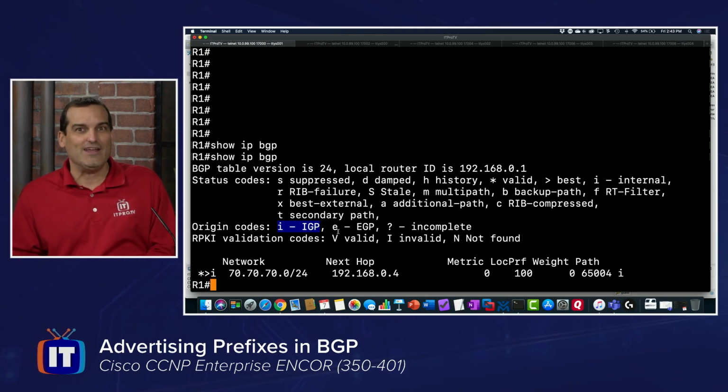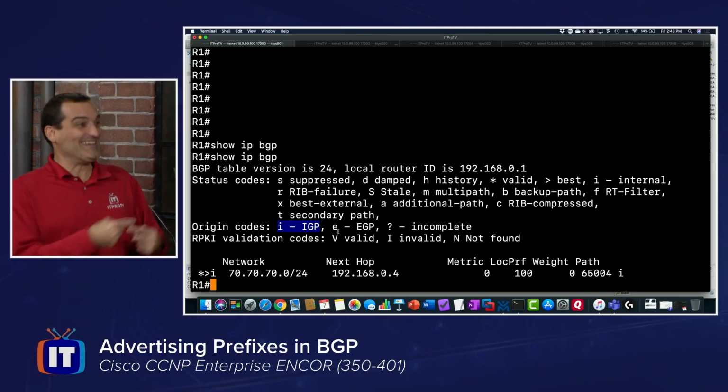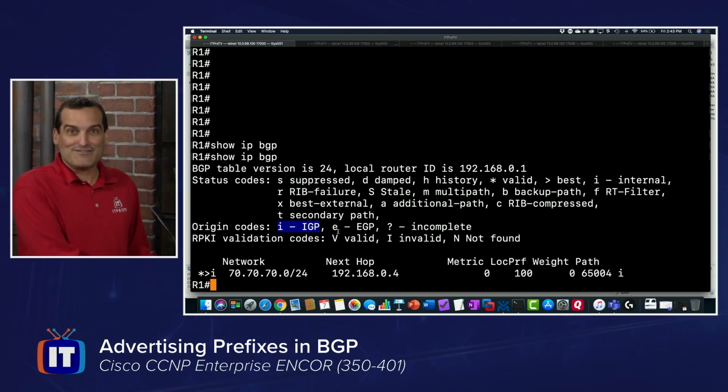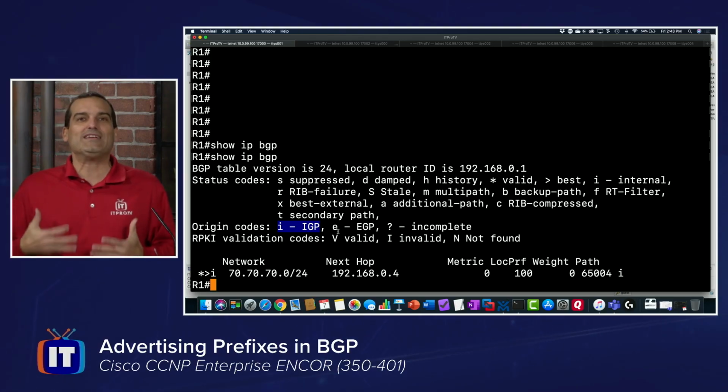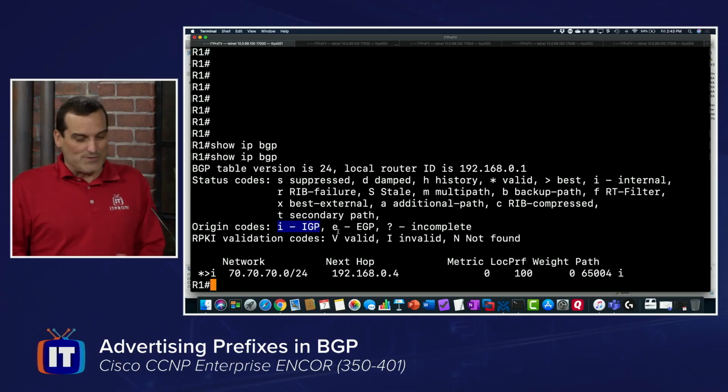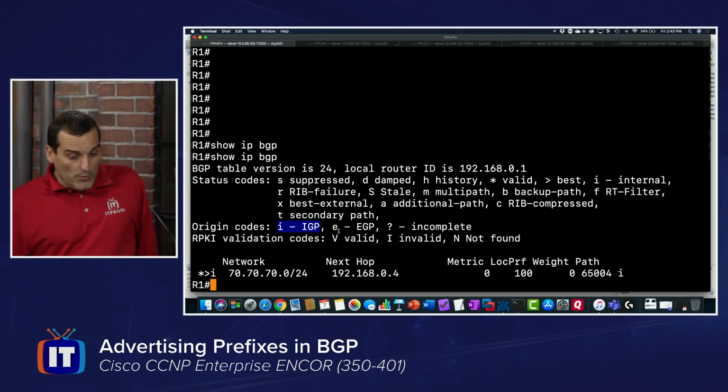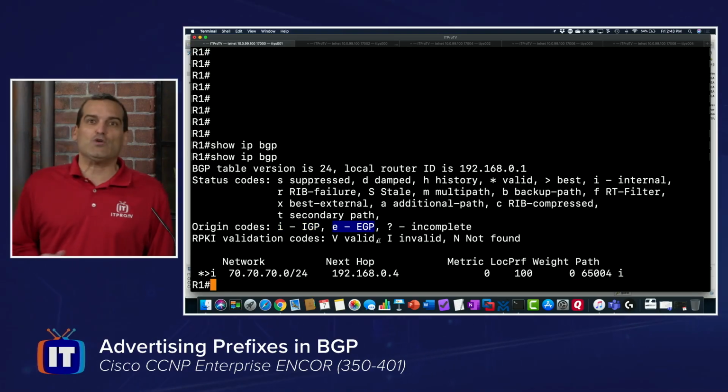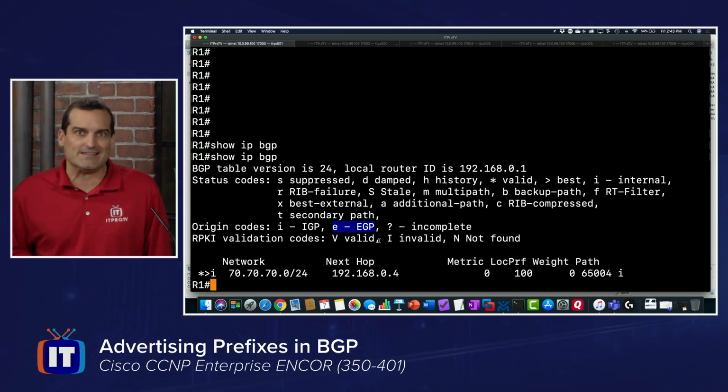We cheated. We created a loopback, and then the loopback got the prefix into the routing table, then we used the network command. In production, the prefix you're advertising would most likely be coming from an IGP. Right. So that's why that says IGP. We would never see an origin code of EGP. They could just delete this if they want.